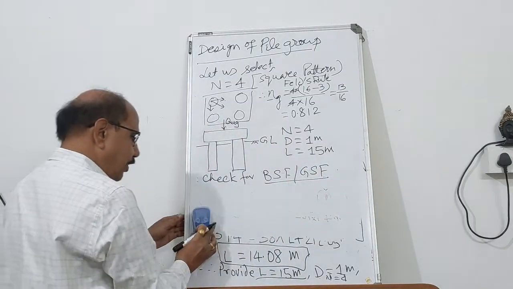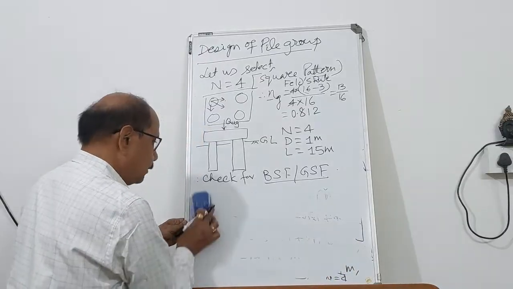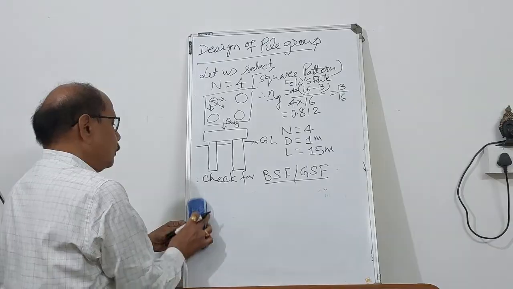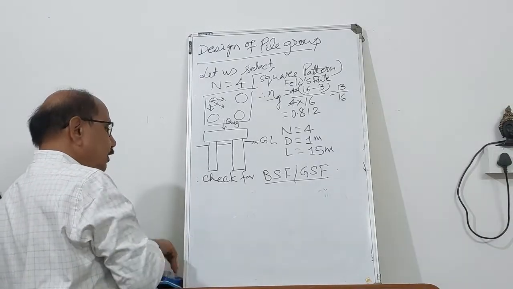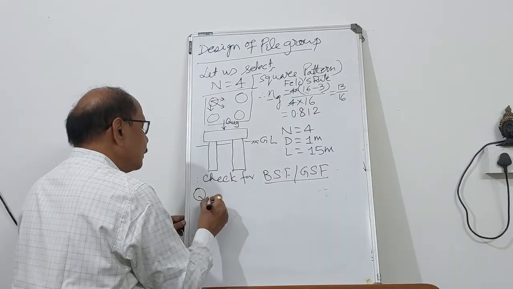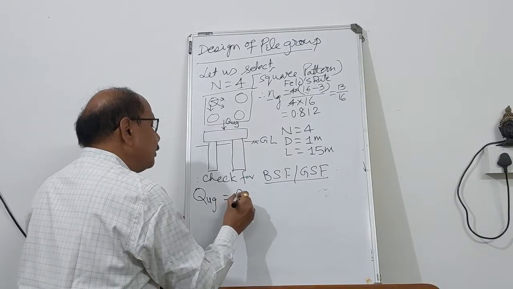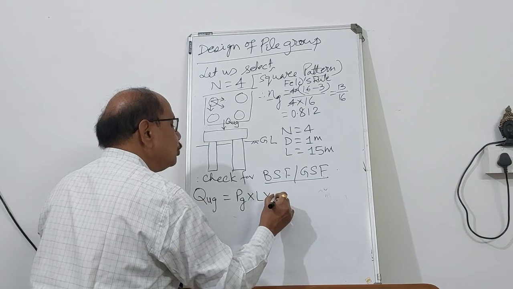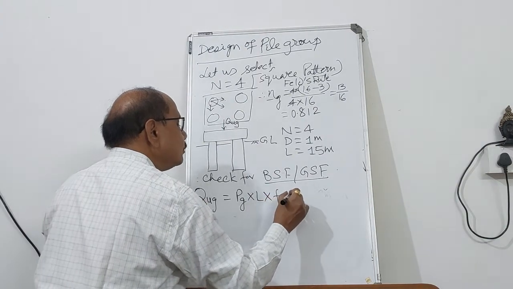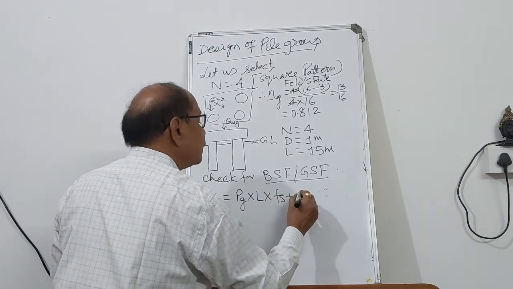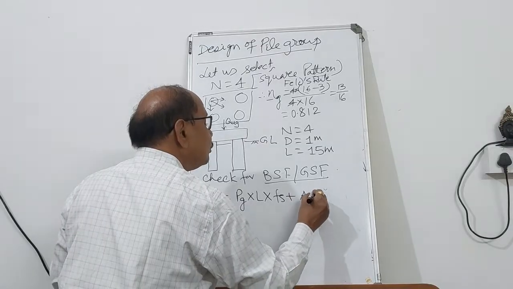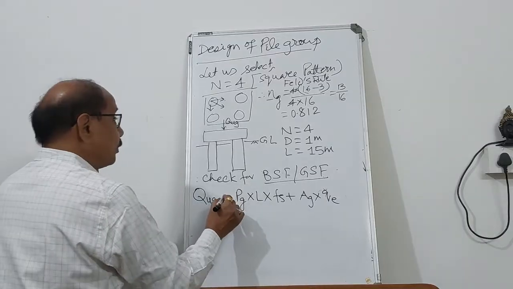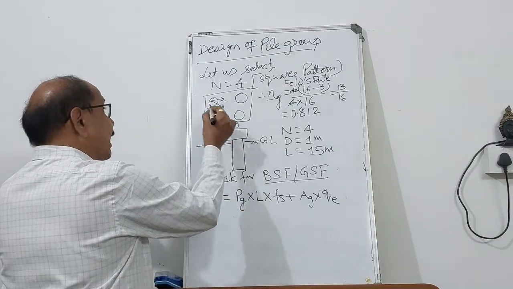So we know Q_UG equal to perimeter of the group multiplied by length into unit skin friction plus area of the group multiplied by Q_G.